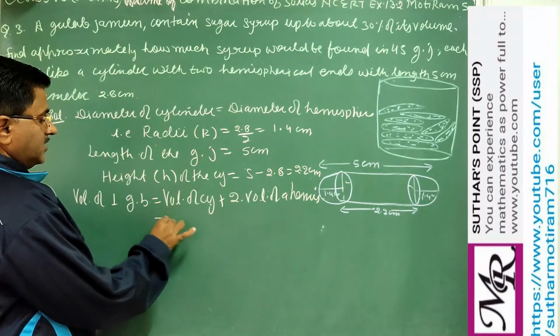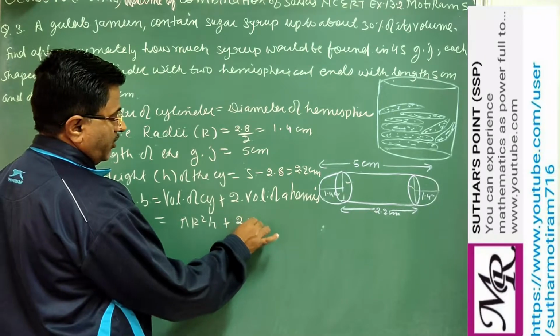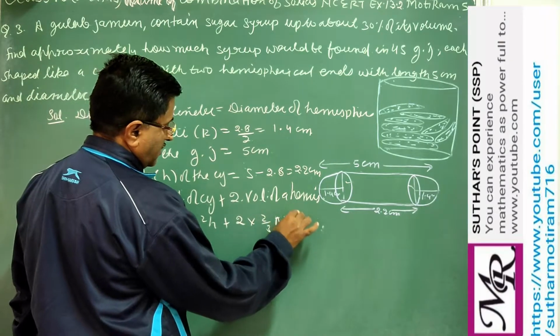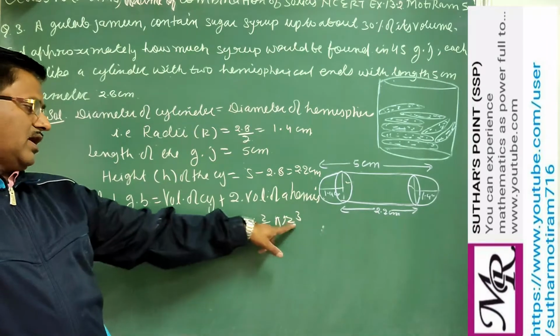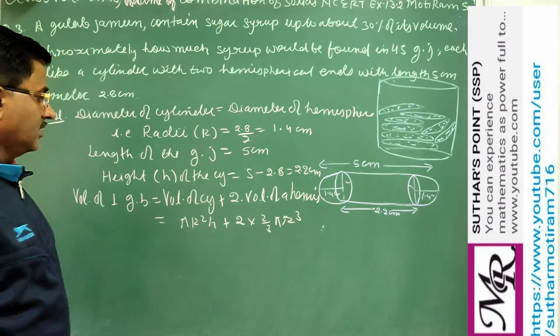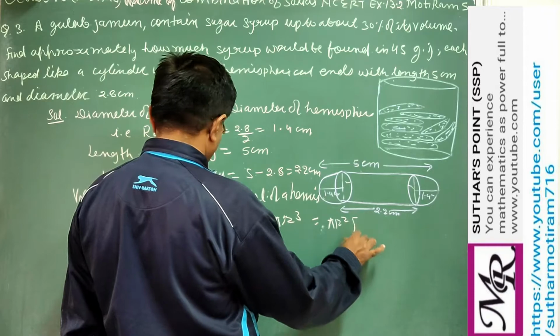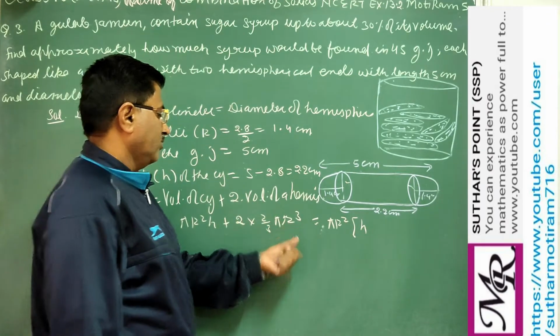So volume of a cylinder formula as usual is pi r square h, and volume of a hemisphere we already use formula 2/3 pi r cube. Here radius is the same for both, that's why we are using the same r here. Now you can take common pi r square. So left in first term pi r square, take common h, here 4r.